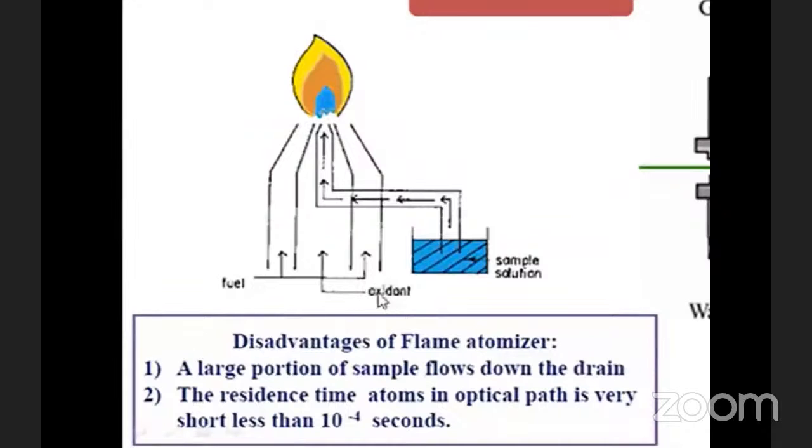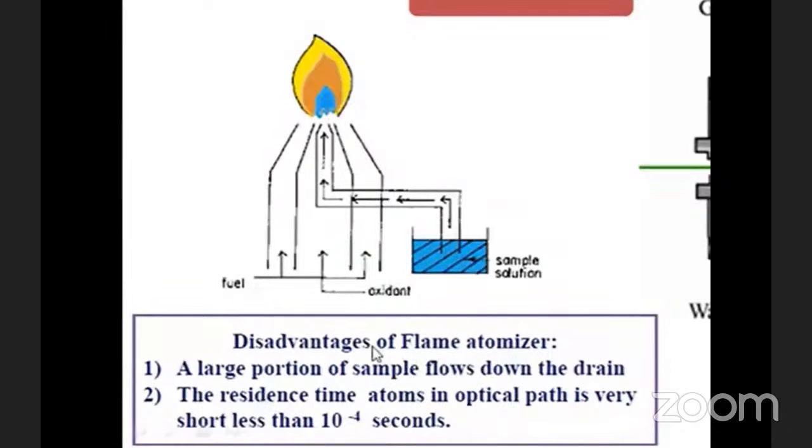The solid particles vaporize and finally get converted into gaseous atoms. These gaseous atoms in the ground state absorb their characteristic wavelength from the beam coming from the hollow cathode lamp.